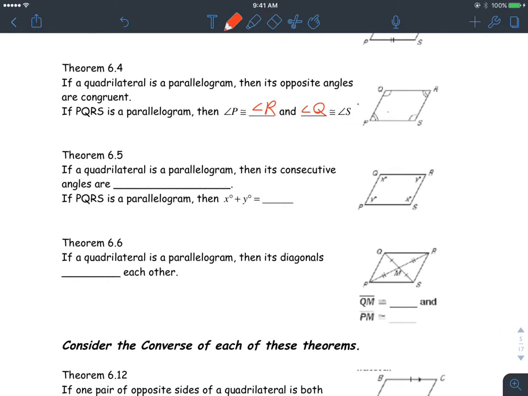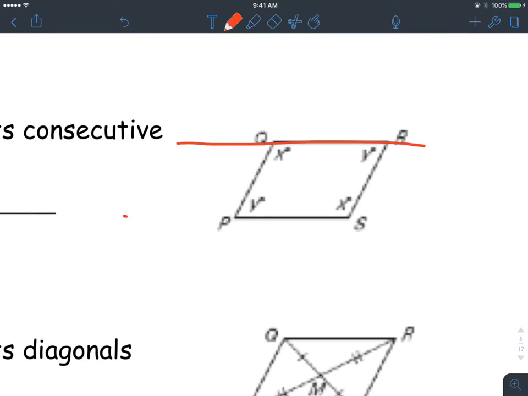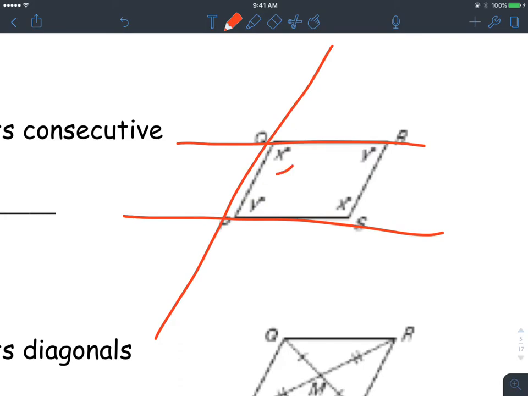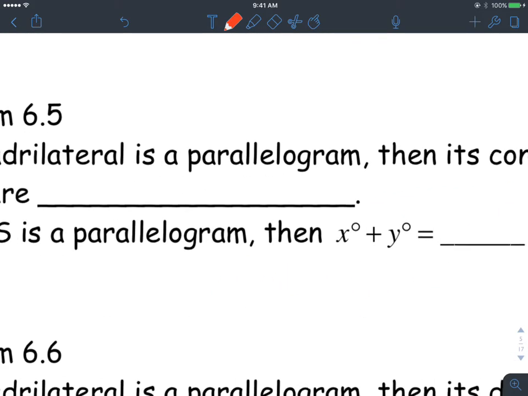Pretty straightforward there. If a quadrilateral is a parallelogram, then the consecutive angles are, and think back to way back in Unit 3 about consecutive interior angles, these two angles, for example X and Y right there, those are going to be supplementary.